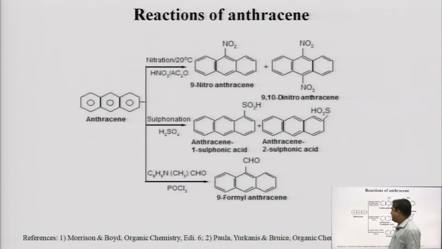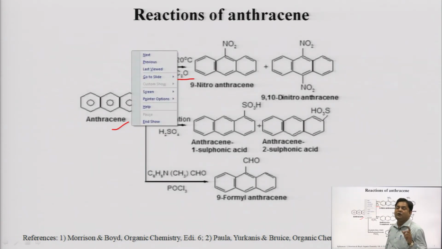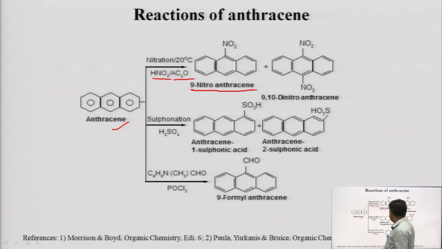Now, coming to the nitration reaction. As you can see, when anthracene reacts with concentrated HNO3 in the presence of acetic anhydride, and the temperature remains 15 to 20 degrees centigrade, we get the mononitrated product 9 nitroanthracene along with dinitroanthracene.